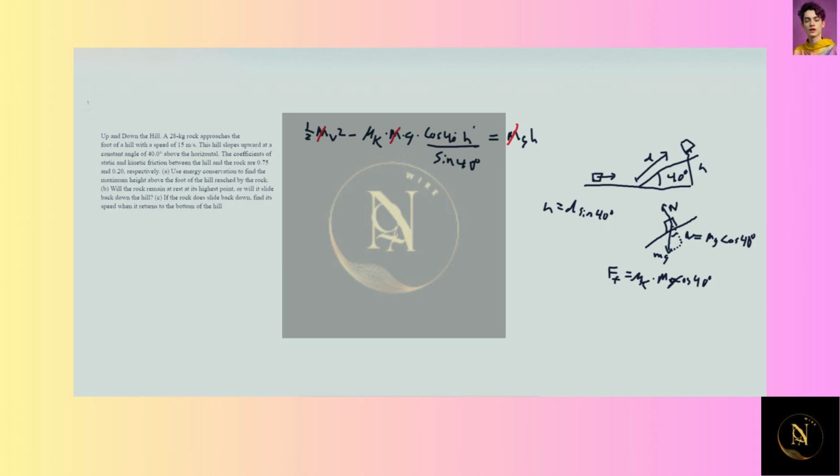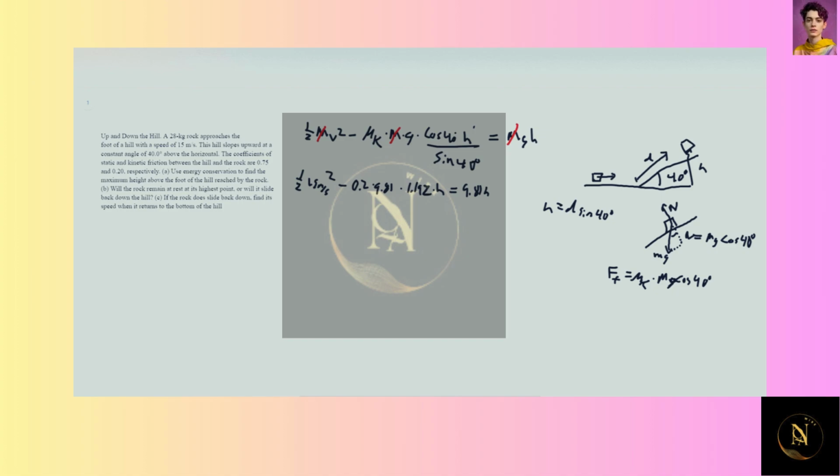What I get overall is 1/2 times 15 meters per second, squared, minus 0.2, that's the coefficient of kinetic friction, times 9.81, I'm leaving off units here just to make it simple, times 1.192, that's the cotangent of 40, times h, equals 9.81 h.